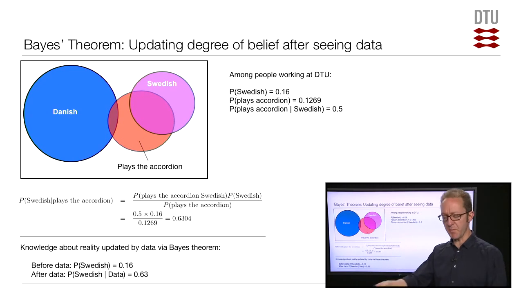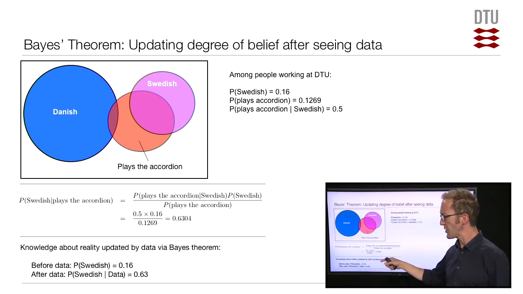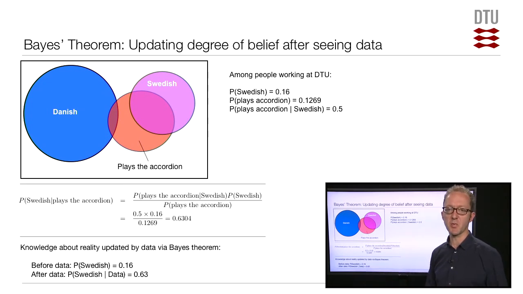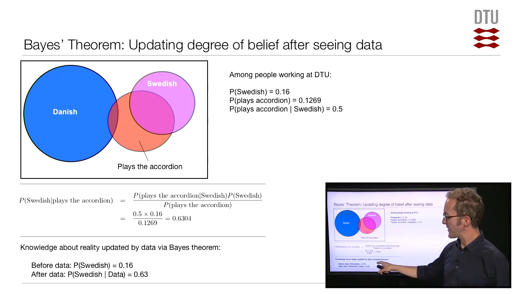The person is not there, but he's left his accordion. So using Bayes' formula, based on the observed data, the accordion, you can now update your knowledge about reality, and you now think there's a 63% chance that that person is Swedish, and you could then decide to actually sit there or maybe move on, depending on how you feel about Swedes. Nothing wrong with Swedes. We love them very much as Danes here.